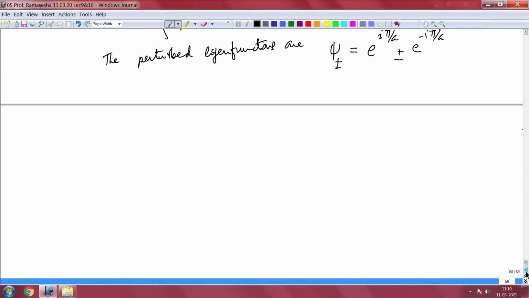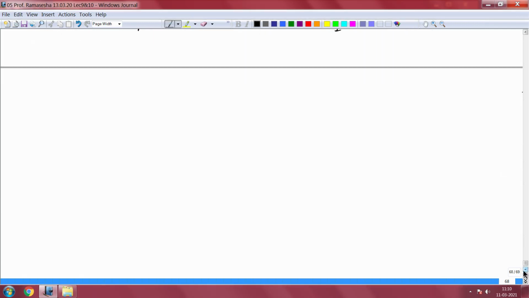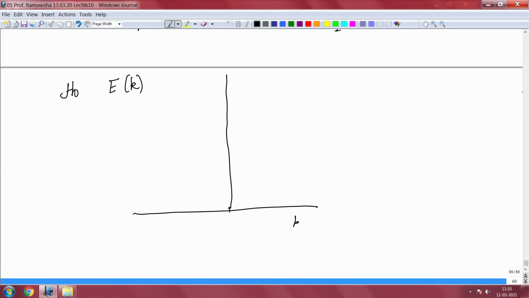To see what happens to the energies, we know that when we have just an unperturbed Hamiltonian H naught, energy is a function of k, k is a good quantum number, and what we get is a parabola, which is h cross squared k squared by 2m.